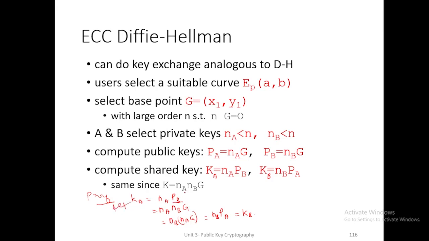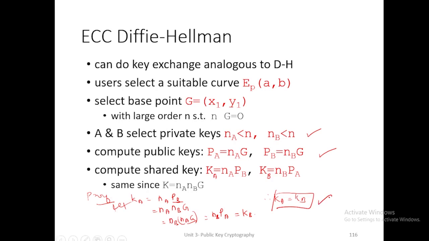Instead of PB, I substitute NB into G. Then this is rewritten as NB of NA into G. We already know that NA into G is nothing but PA. So NB into PA is KB. Therefore KA and KB are equal.